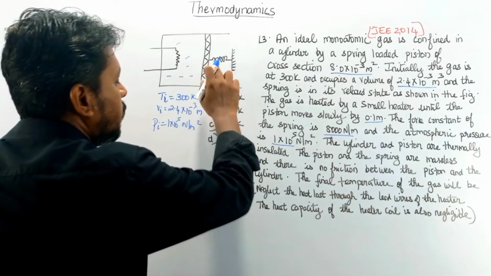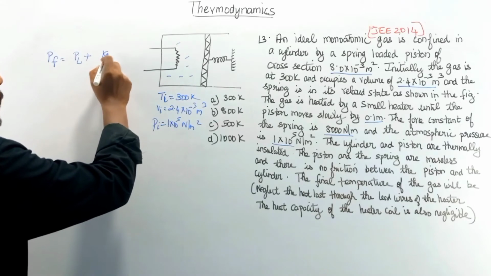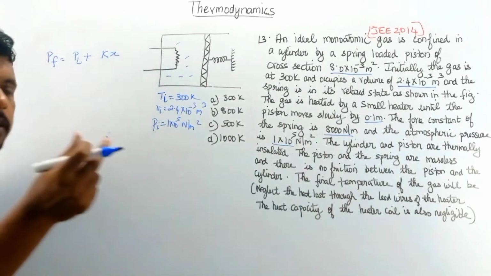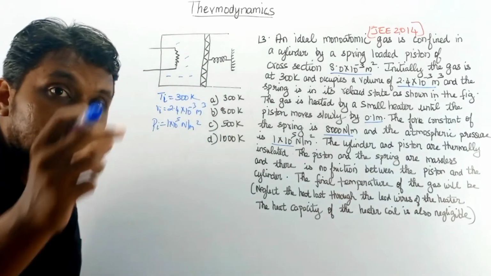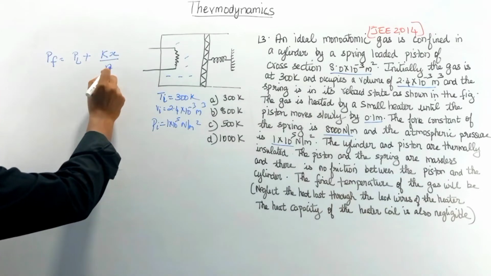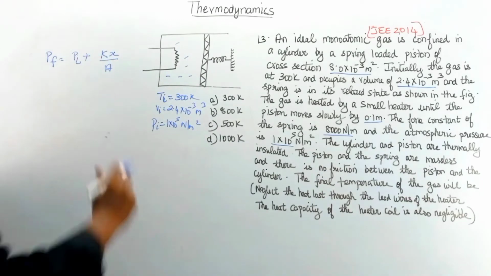The total force here will be nothing but the spring force, K into X, spring constant into distance moved by the piston. Because pressure is nothing but force by area, this is the force by the area of the piston. This is added to the atmospheric pressure to give the final pressure.